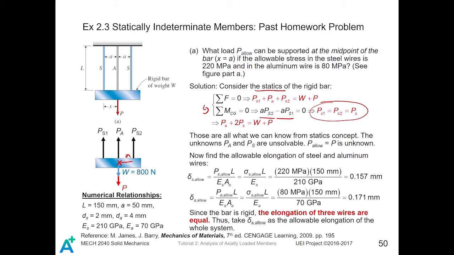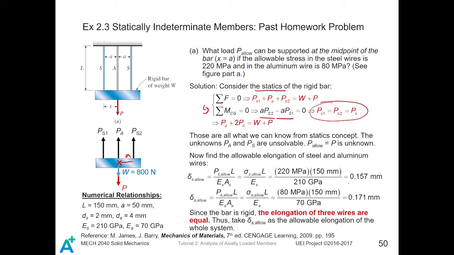The allowable elongation of the steel wire is given by PL divided by EA, but P is not given in this problem, but we know P divided by A equals stress. So it will be stress times L divided by Young's modulus, which is 220 megapascals times 150 millimeters divided by 210 gigapascals. The answer is 0.157 millimeters.